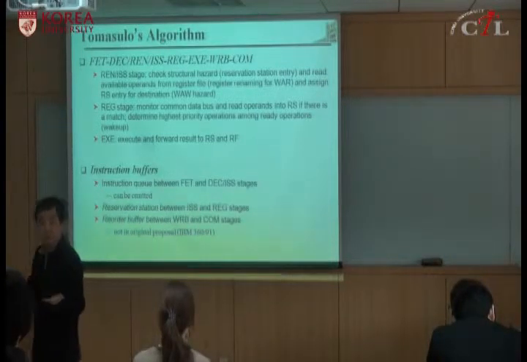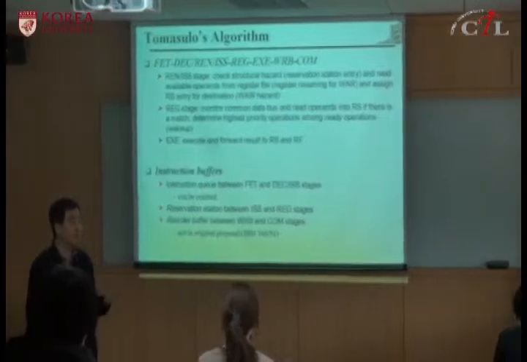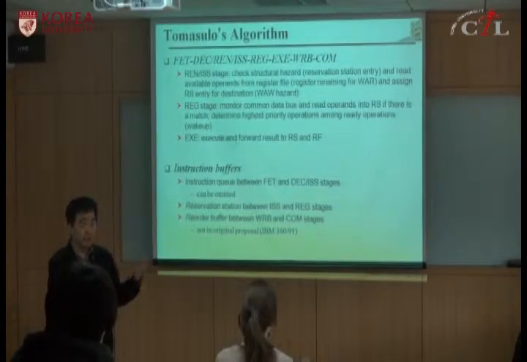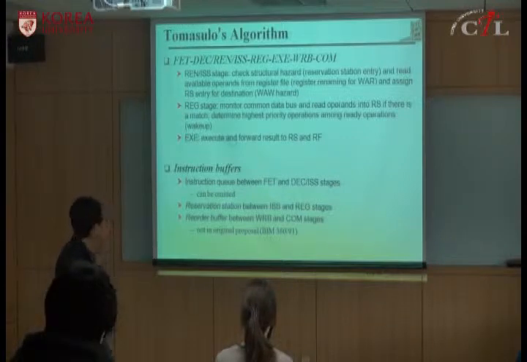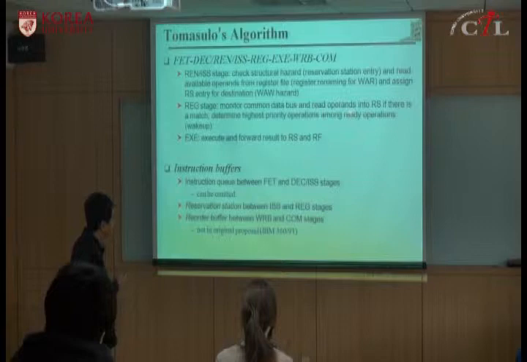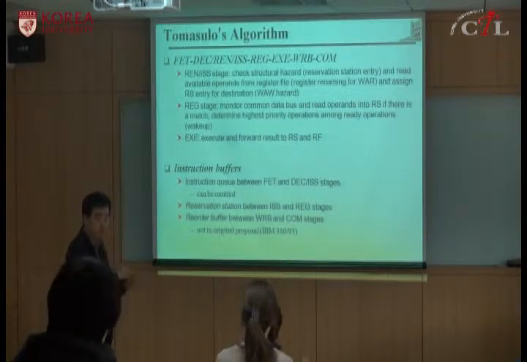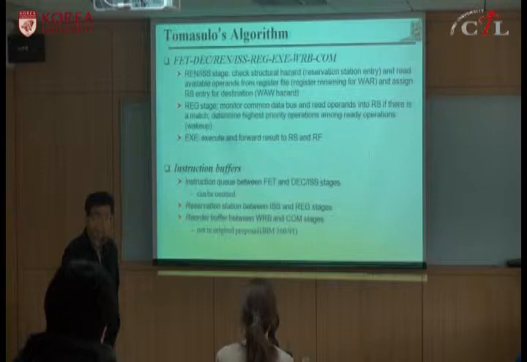Then based on priority, if it's 4-issue, maybe 4 instructions will be dispatched from the reservation station to the functional unit. In the read stage, they monitor the common data bus and read operands into the reservation station if there is a match. They determine the highest priority operation among ready operations and wake them up.